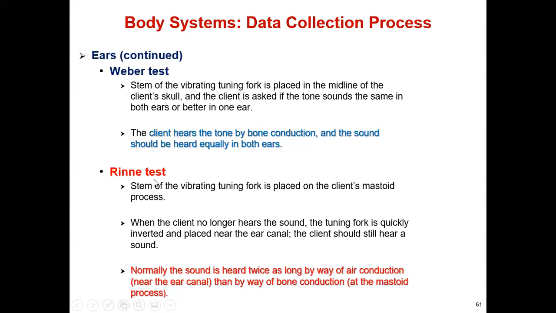Rinne test: the stem of the vibrating tuning fork is placed on the client's mastoid process. When the client no longer hears sound, the tuning fork is quickly inverted and placed near the ear canal, and the client should still hear a sound. Normally, the sound is heard twice as long by air conduction as by bone conduction, meaning the mastoid.